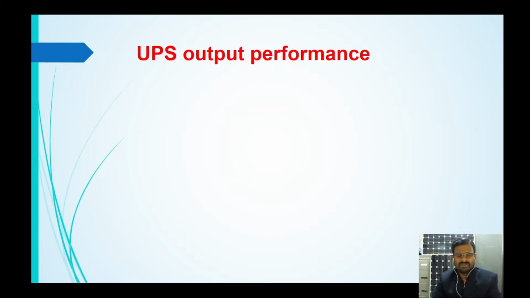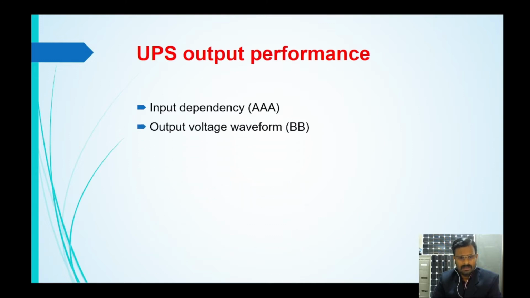The output performance of the UPS is classified into three categories: the input dependency, output voltage waveform, and dynamic output performance.